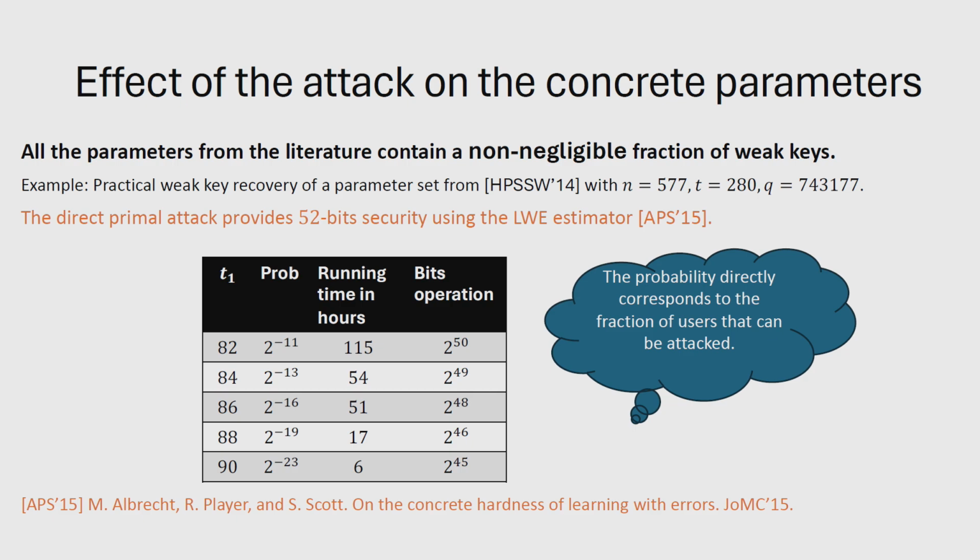To understand how the direct primal attack works, we use the LWE estimator. And if we believe the LWE estimator gives the right accuracy, for this parameter, the direct primal attack would give 52-bit security. But for a non-negligible fraction of the keys, what we have solved is much below the bit operations claimed from the direct primal attack.